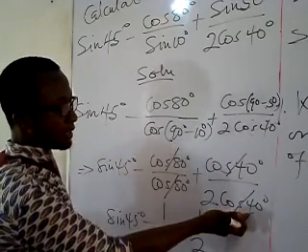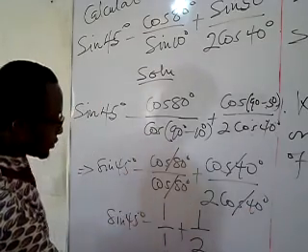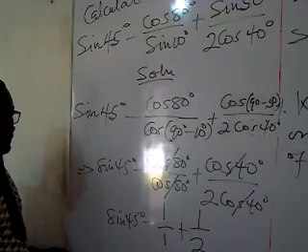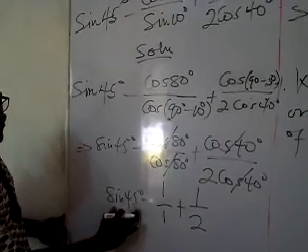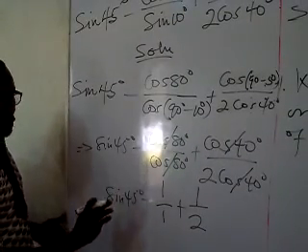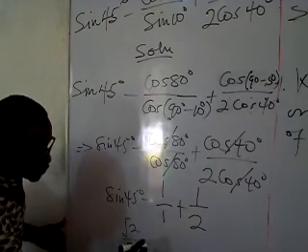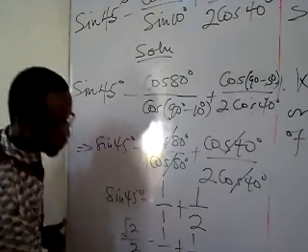There will be 2 here, but there's 1 left here. So 2 multiplied by 1 will give us 2. So in this case, we have to simplify sine 45. Now when you punch your calculator, sine 45 will give us root 2 over 2. So we have root 2 over 2 minus 1 over 1 plus 1 over 2.